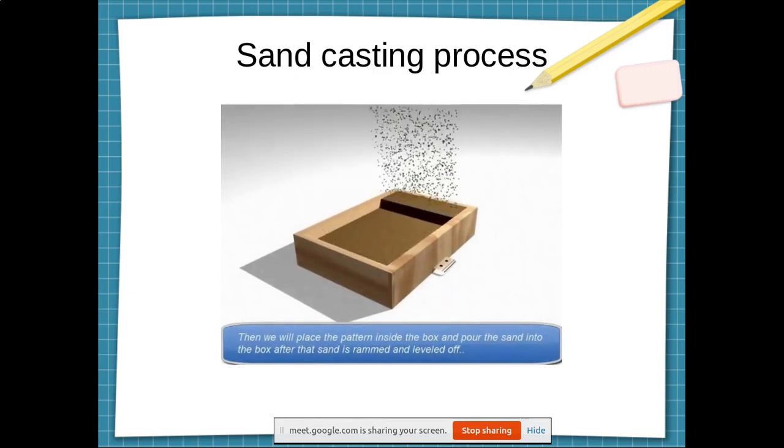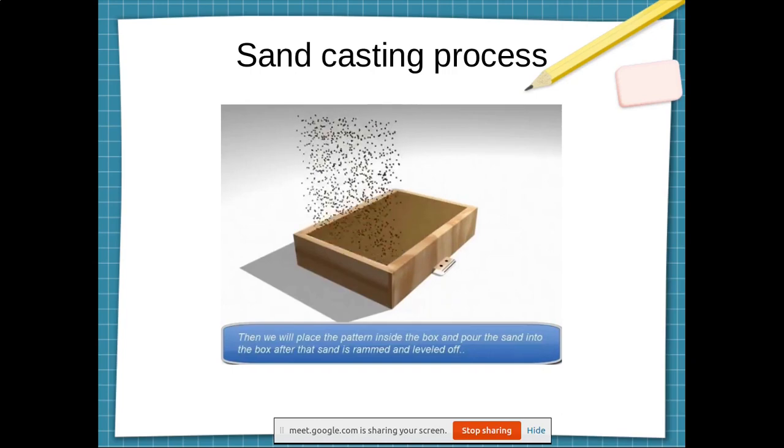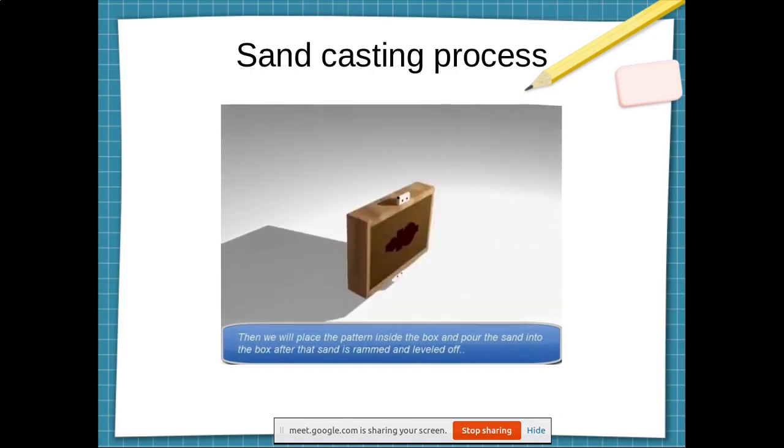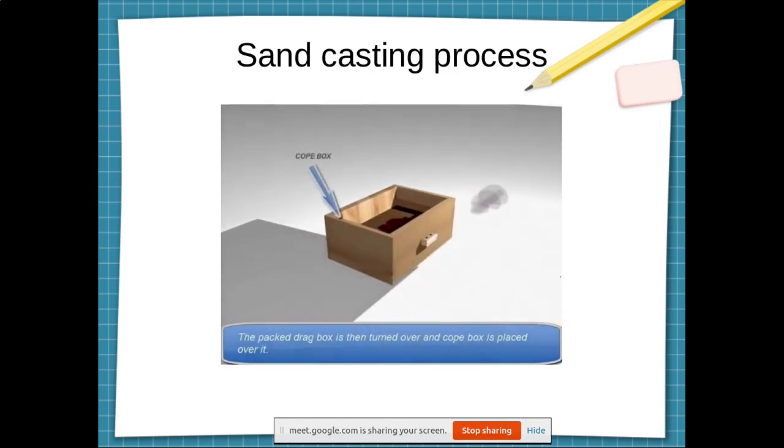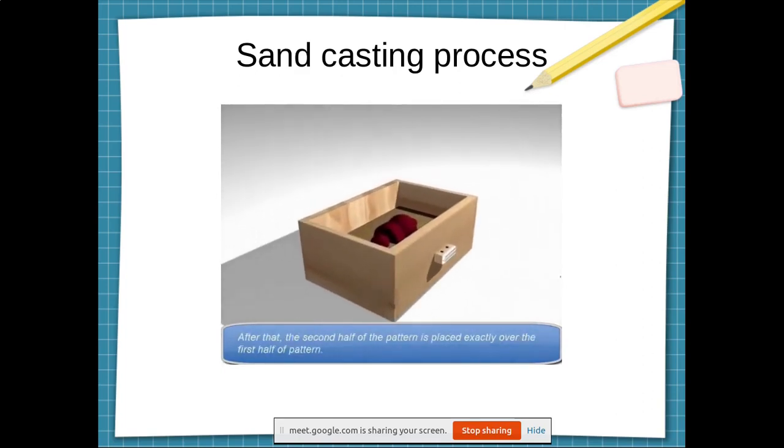After that, sand is rammed and leveled off. The packed drag box is then turned over and cope box is placed over it. After that, second half of the pattern is placed exactly over the first half of pattern.